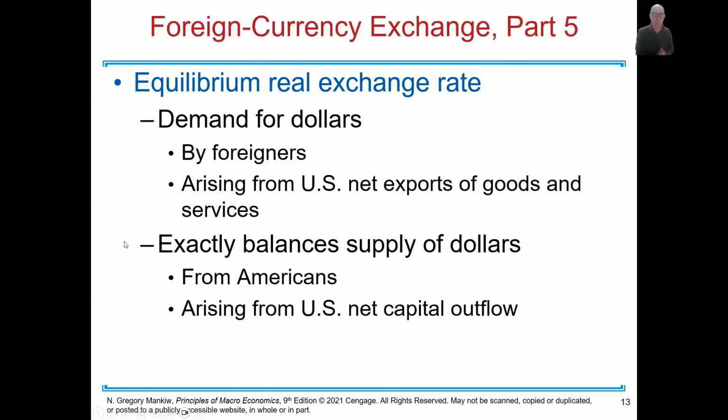The point of equilibrium for foreign currency exchange is where supply and demand meet, of course. The demand for US dollars is based off of individuals from outside the United States and U.S. net exports of goods and services. The balance of supply and demand also comes from, of course, individuals within the country and net capital outflow.